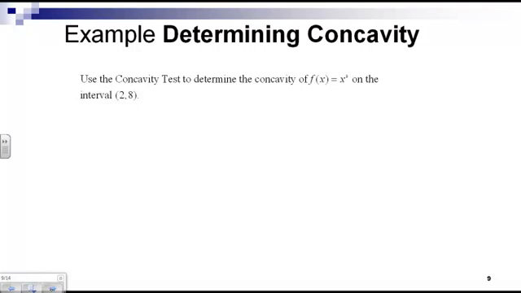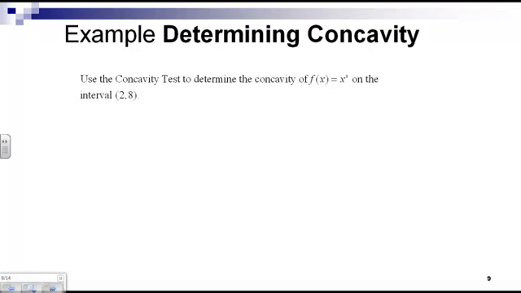Okay. Please discuss the concavity of the curve f of x equals x squared on the interval from 2 to 8. You could do it two ways. You could just know what that curve looks like and tell me, but I would like you to actually use the definitions we just talked about.